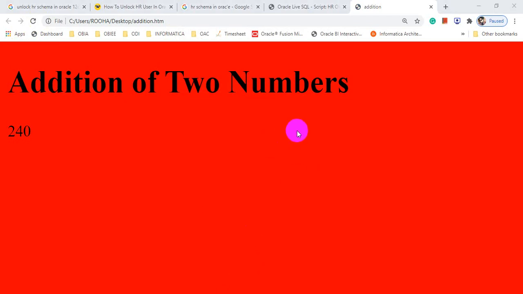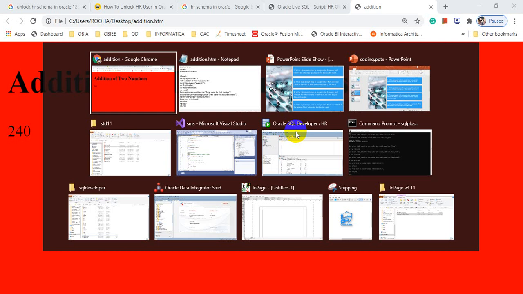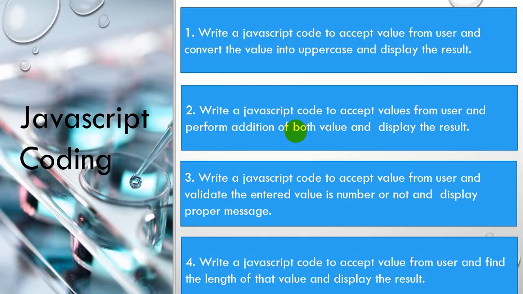Okay students, this is our output and this is what our examiner wants. We have accepted two values and we have performed addition; multiplication, division, subtraction you can perform, and you have displayed the result. The next two questions, students, you have to do in the next lecture.